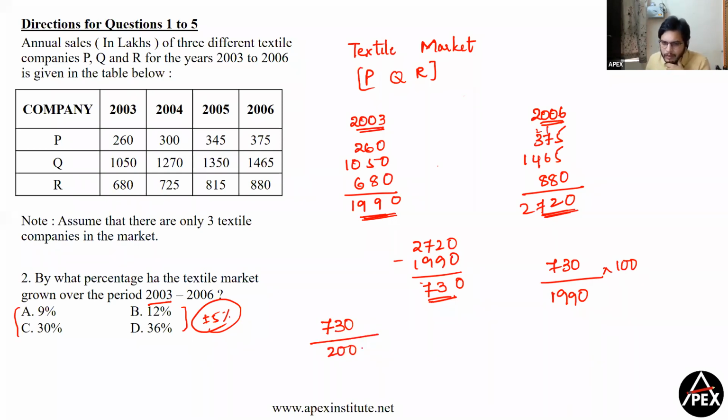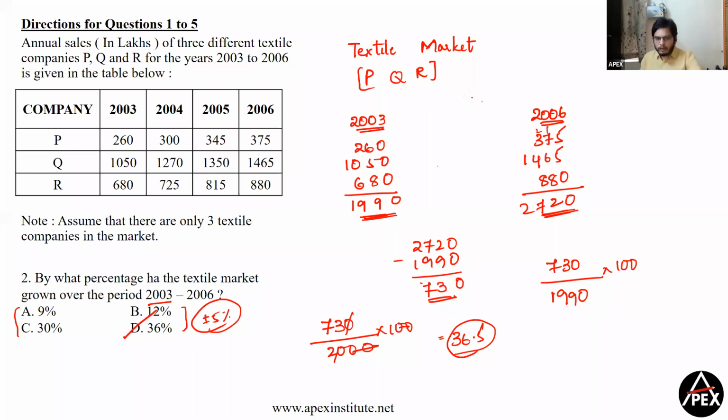Only 10 is the difference, isn't it? So, by 100, 730 by 2 will be 36.5. So my percentage should be near 36. So it should be option D. It will be 36.6, but okay. I got 36.5 by approximating, so I will go with option D.